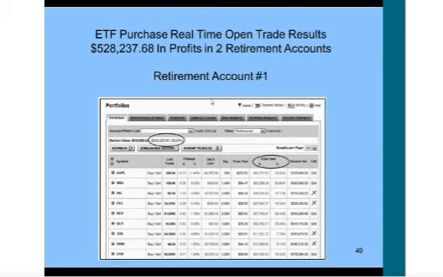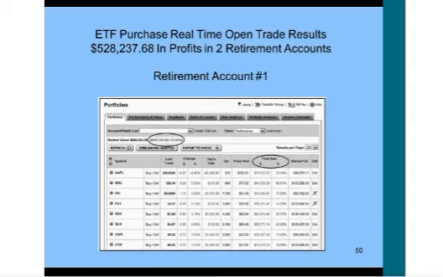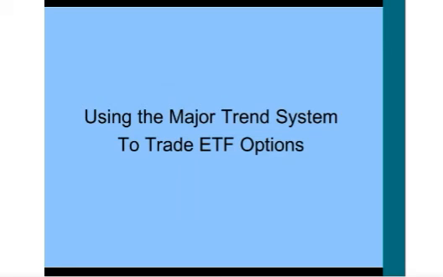And here's a snapshot of my 2 retirement accounts several years ago. At that point, I had a $528,000 profit. And most of these positions in these 2 retirement accounts were ETFs. So I've been using the major trend system for many years, and it's been very profitable in both up and down markets.